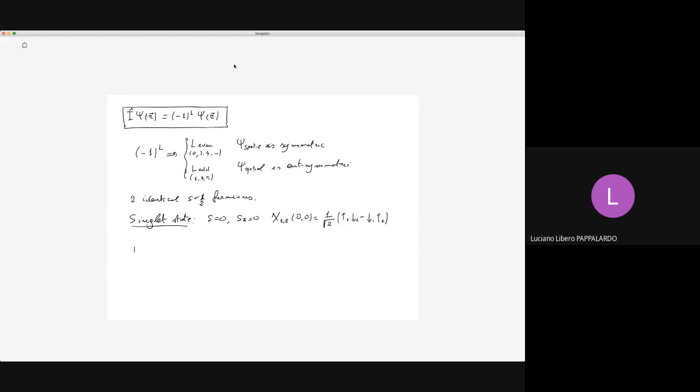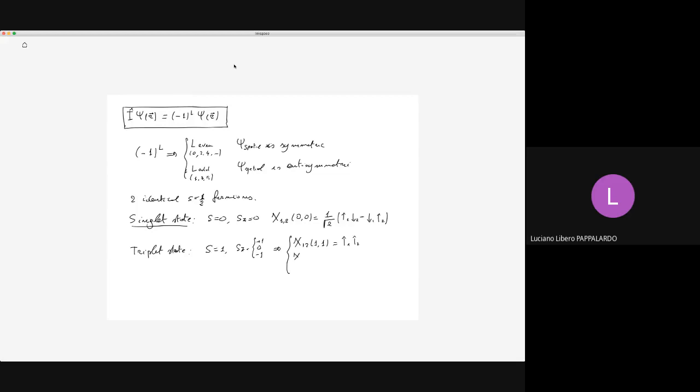Then the other combinations altogether form the triplet state. In this case, S is equal to 1. The third component can take 3 values, which are +1, 0, and -1. The 3 corresponding states are chi_12(1,1), which is given simply by 1 up, 2 up.